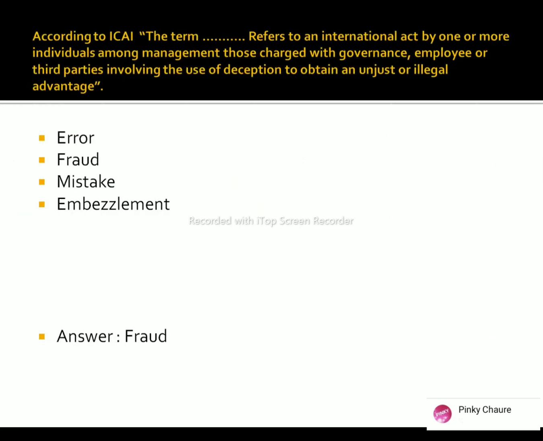According to ICAI, the term dash refers to an intentional act by one or more individuals among management, those charged with governance, employees, or third parties involving the use of deception to obtain an unjust or illegal advantage. Option is error, fraud, mistake, embezzlement. Answer is fraud.